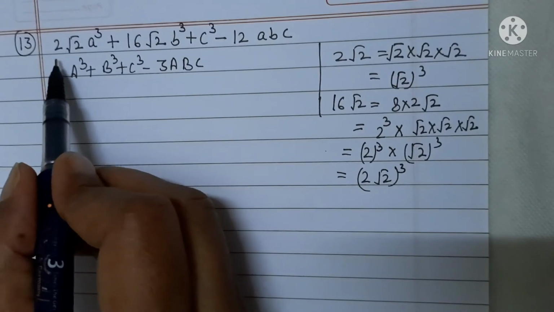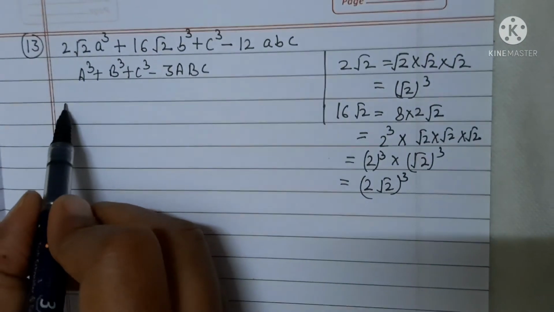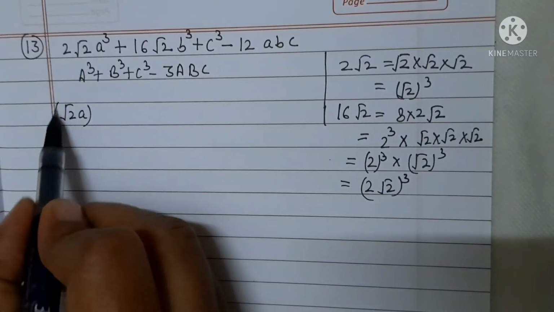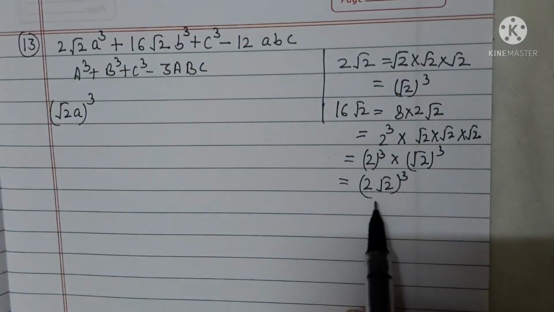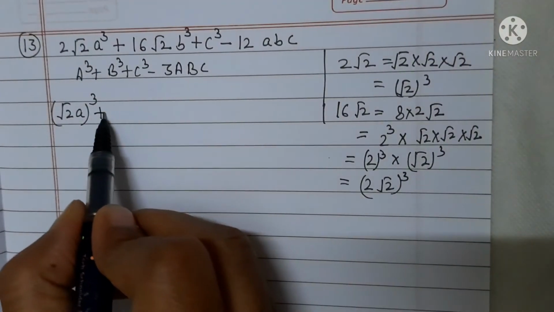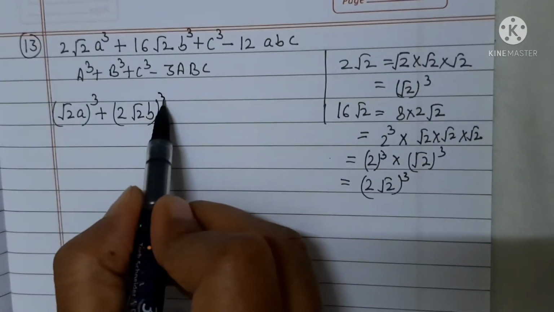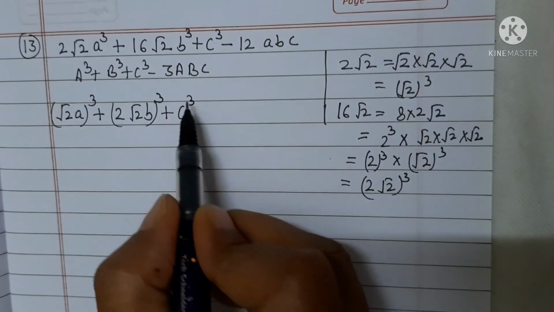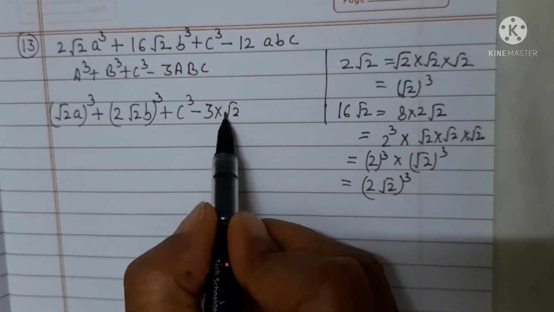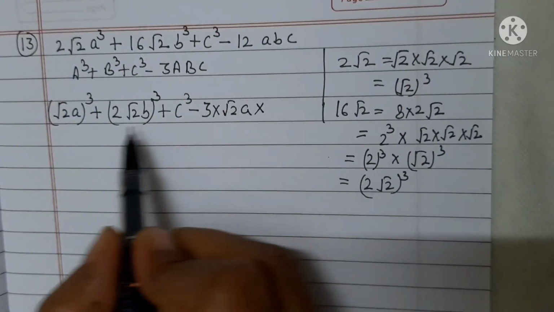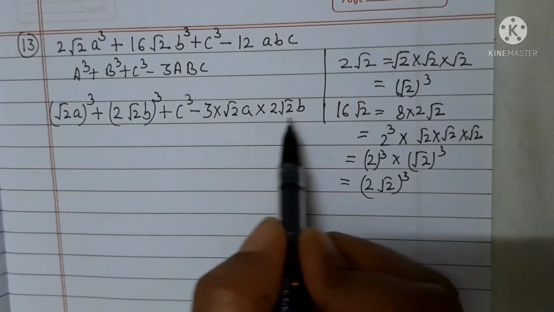Now come to this expression. Convert it in the form of root 2 a whole cube, and 16 root 2 you can write as 2 root 2 b whole cube, plus c cube, minus 3 a means root 2 small a, b means 2 root 2 small b, into c.